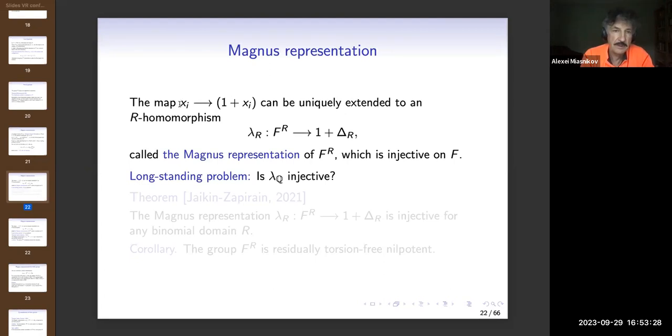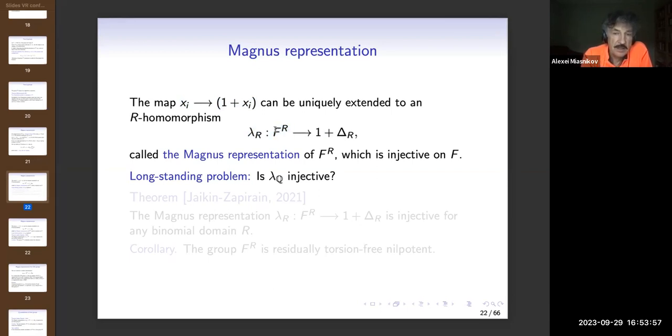This map can be extended injectively as a homomorphism from the free group F with basis X into the group of units 1 plus delta R. But it also can be extended uniquely to an R homomorphism from the free R group.